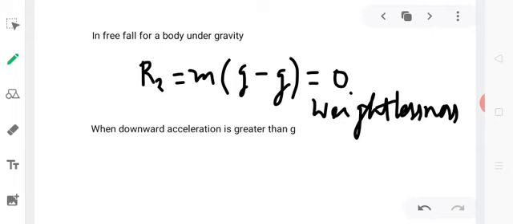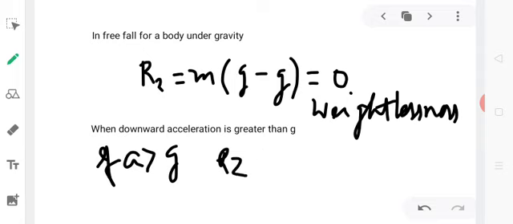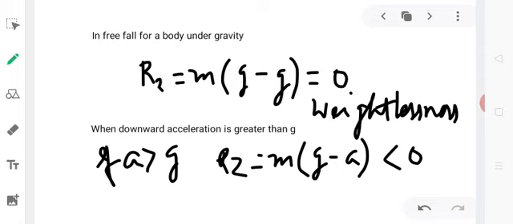This concept of weightlessness will be discussed further in the coming lessons. And if a is greater than g, then R2 equal to m times (g minus a) will be less than 0, that is negative. In that case, the person will rise from the floor of the lift and stick to the ceiling of the lift.